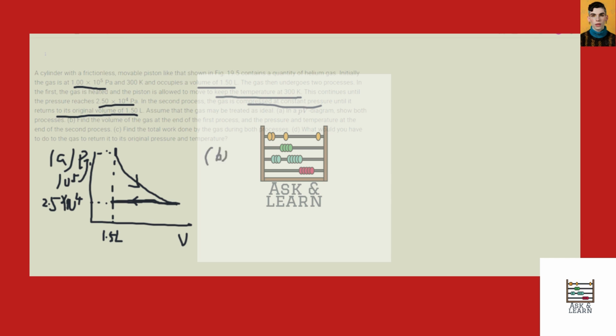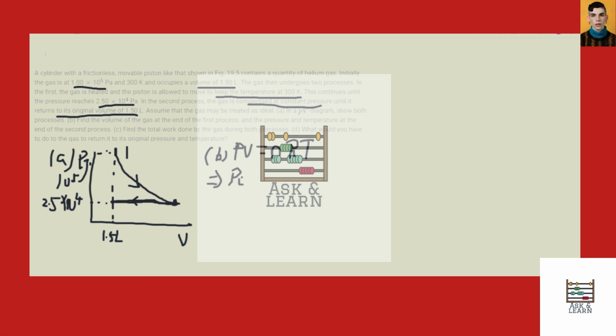For part B, we want to find the volume of the gas at the end of the first process, that is this point. To do that, we look at the state equation, PV equals nRT. In the first process, n is constant, R is constant, and T is constant.